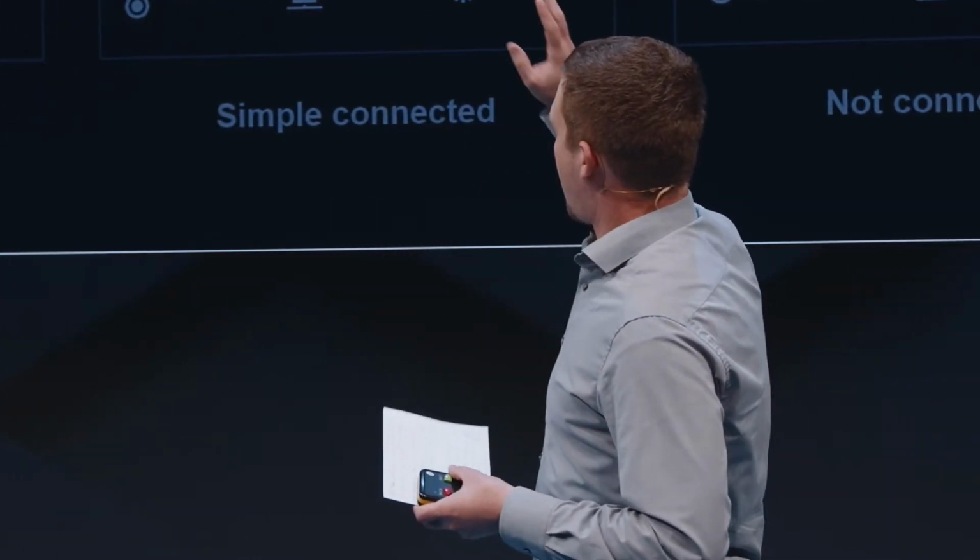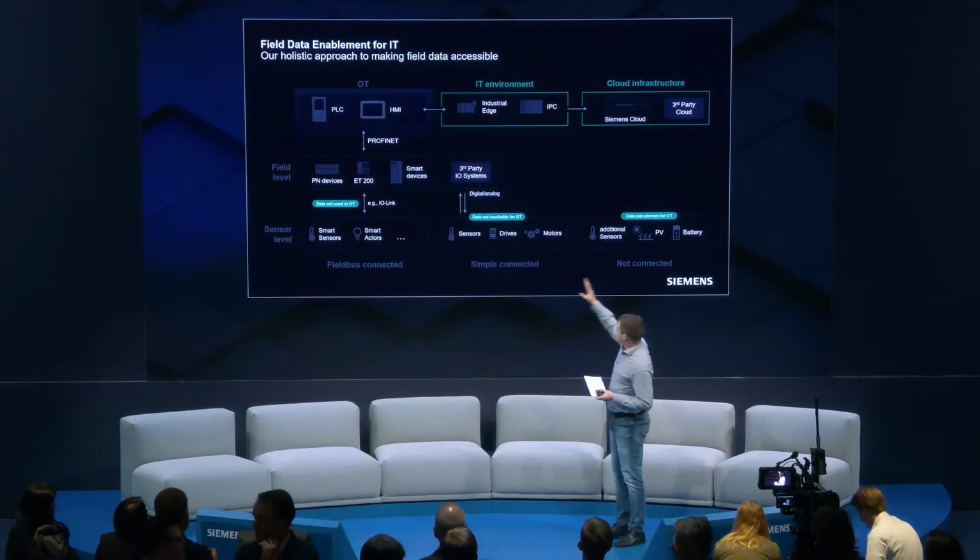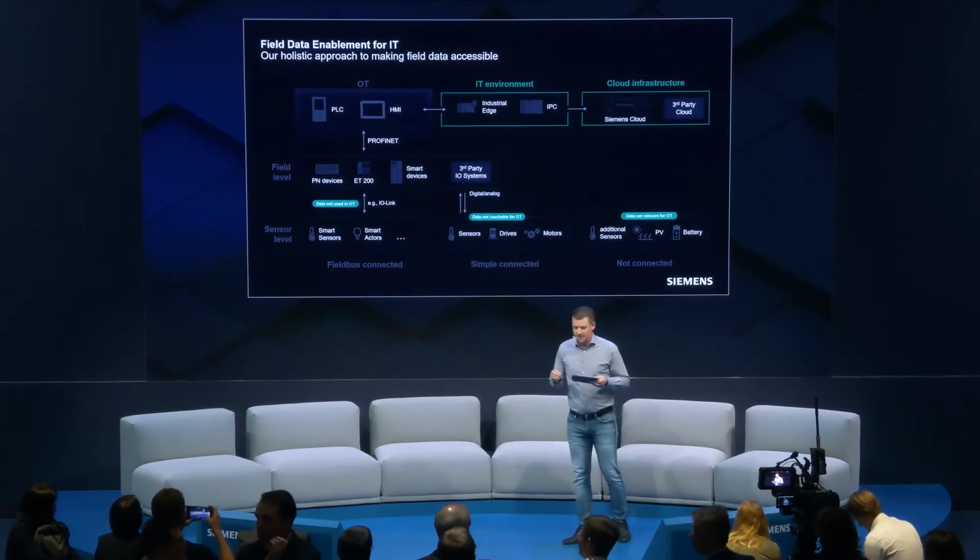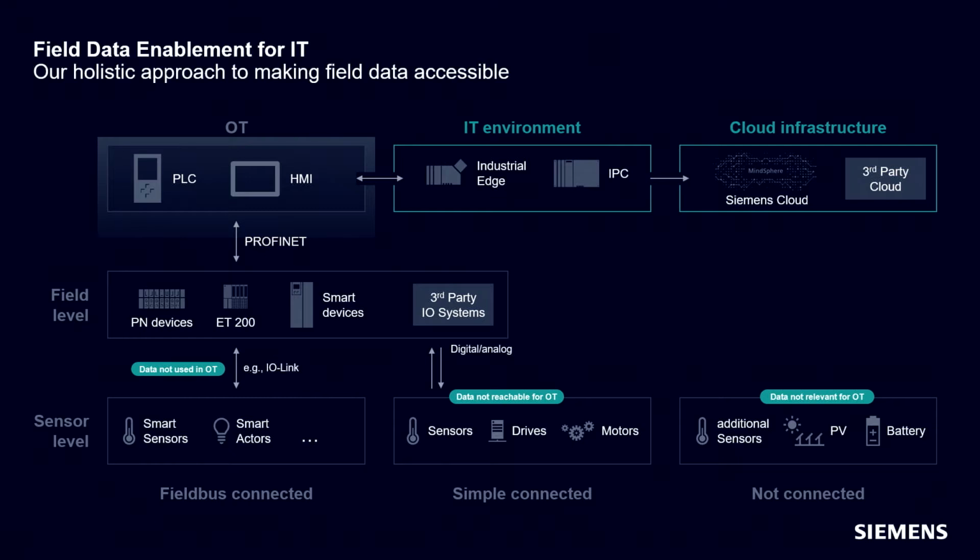Therefore, we have to understand how the world is right now. Today's situation is that we have a cloud infrastructure, we have an IT environment, and we have an OT system. And typically, for all cases of cloud infrastructure or IT environment, we use the OT data coming from the PLC or the HMI system.